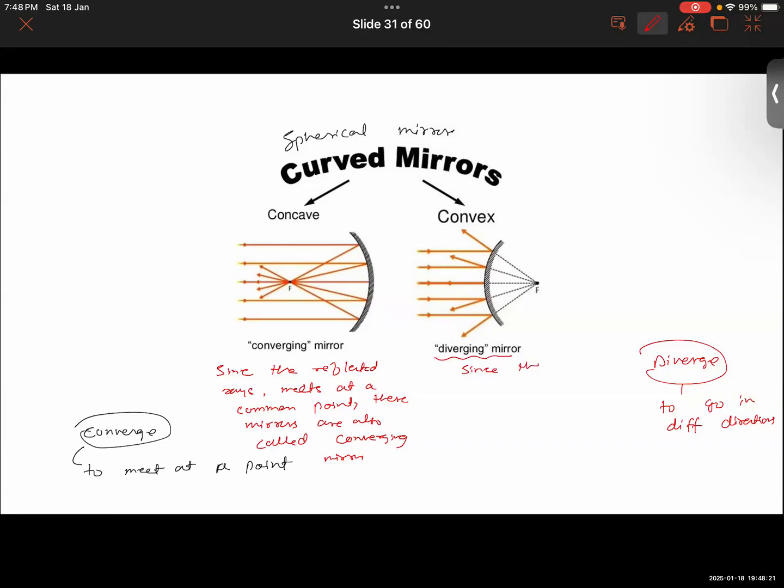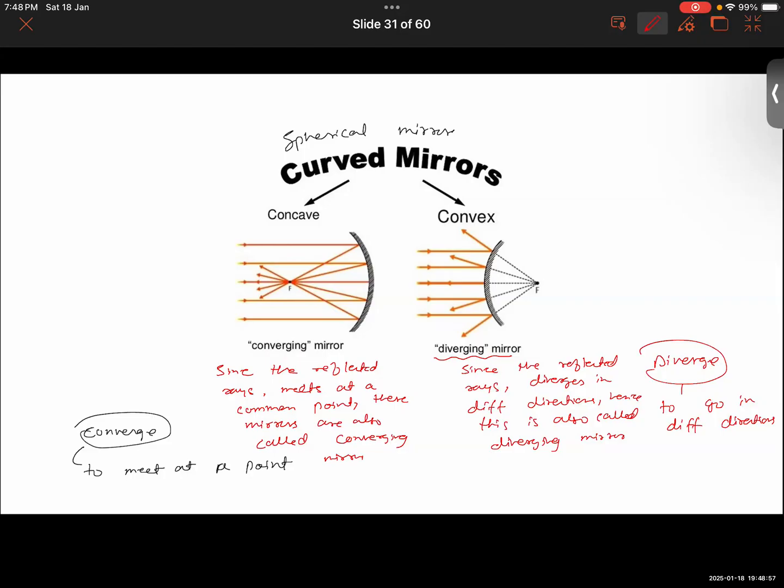Since the reflected rays diverge in different directions, this is also called a diverging mirror. Keep in mind that convex mirrors are also called diverging mirrors, while concave mirrors are also called converging mirrors. Hope you will remember this so far.